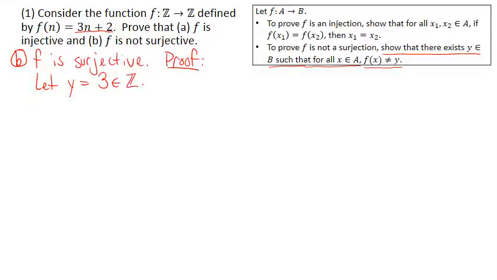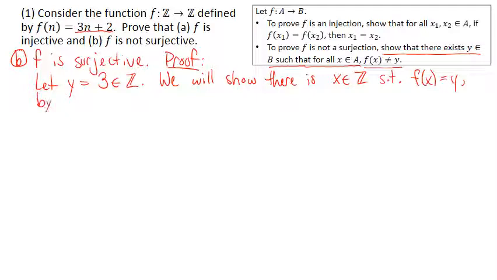And then I'm going to say we will show there is no x in the domain, the integers, such that f of x equals y. We're going to do this by contradiction.